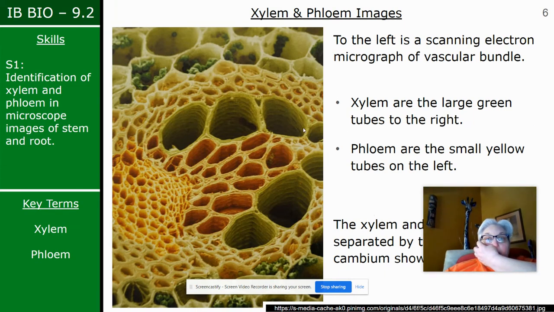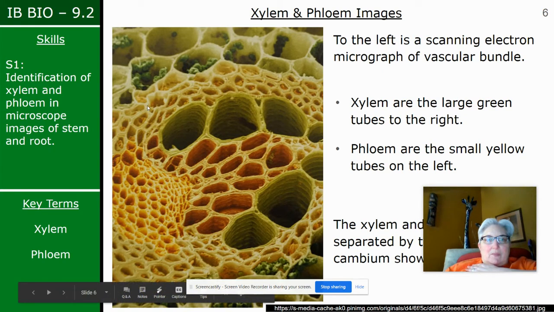Here's another micrograph look. We can see the xylem here are much larger. They have a greenish tint to them, versus the phloem, which are much smaller, with a yellow cast to them here.